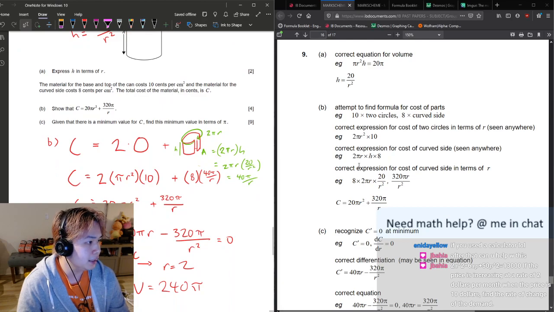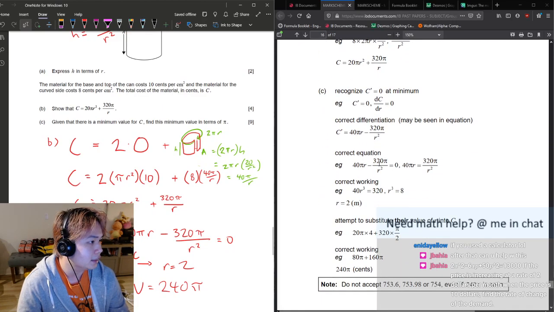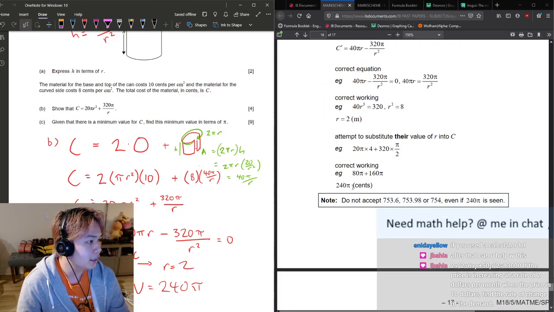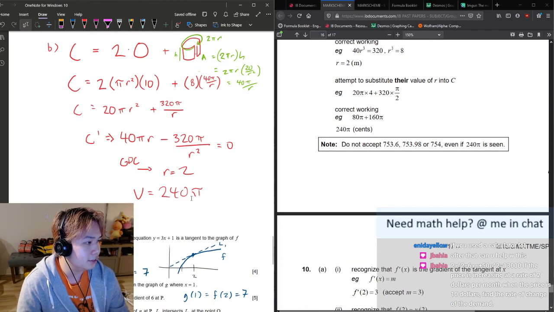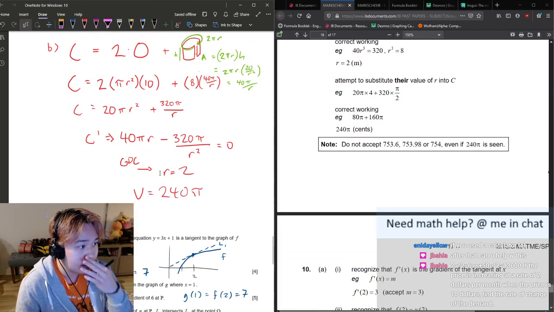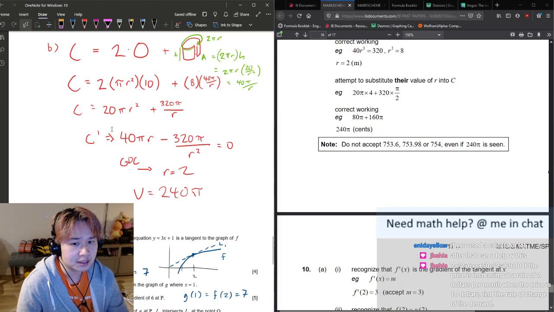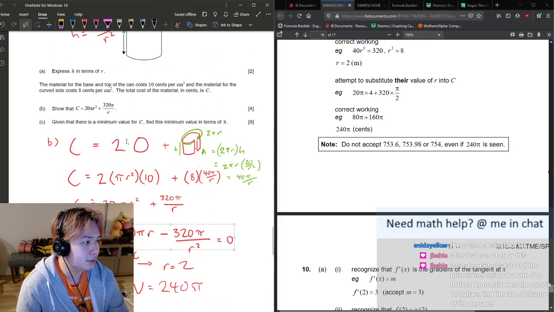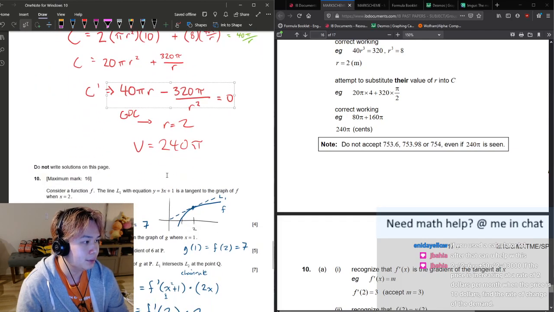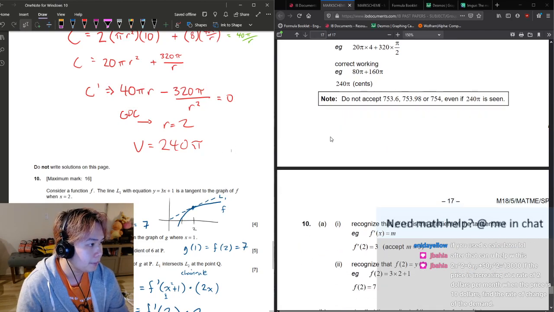Part B is a showing, so if you can show it, you did it, so that's fine. Find the minimum, it's at 240 pi. I cheated and used the GDC. So this is actually straightforward to solve for R. And then once you find R, you just plug R into the original formula and simplify, and you'll get 240 pi.